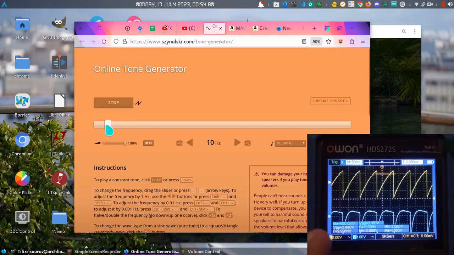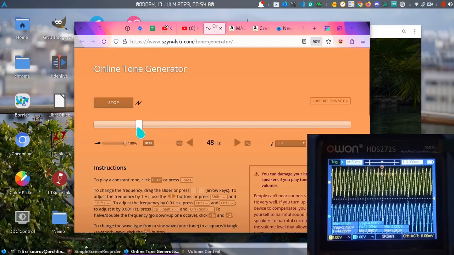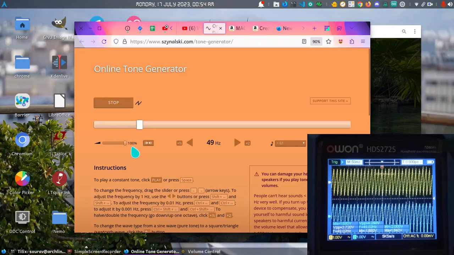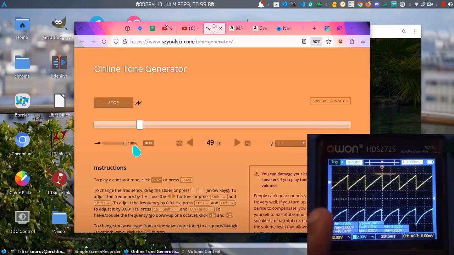So let's ramp it up to 50 Hertz. Currently we are at the 50 Hertz range, and as you can see, both the waveforms look quite similar, except the Soundblaster is still rounding off the edges. It is at 49 Hertz, but let's try that 50 Hertz. So it is not that different.